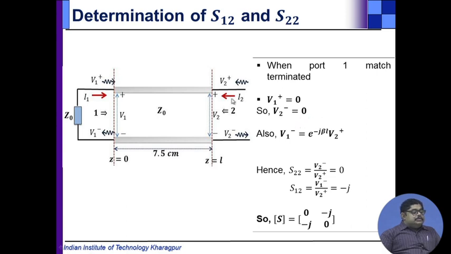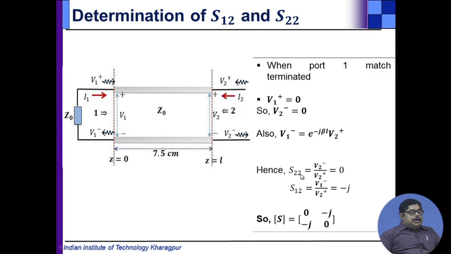Now, in this case you are exciting from port 2. So, the wave coming here will be V1 minus. What is the relationship between V1 minus and V2 plus? V1 minus is equal to e to the power minus j beta L times V2 plus. Transmission line, wave moving from one end to another.